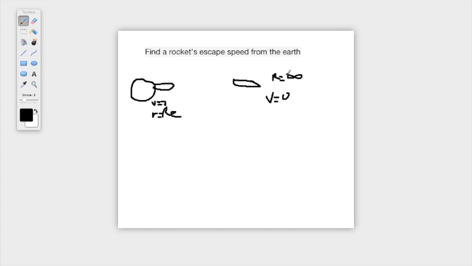So what we can do is use conservation of energy to solve this.